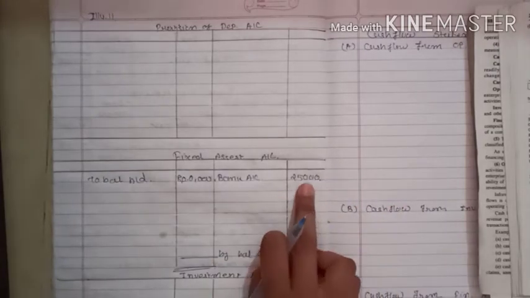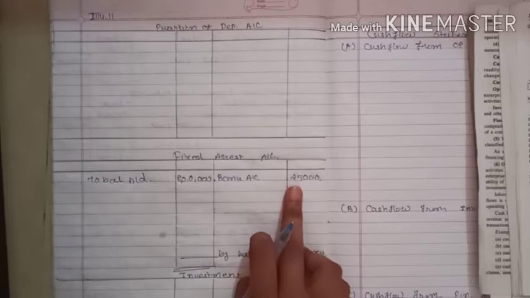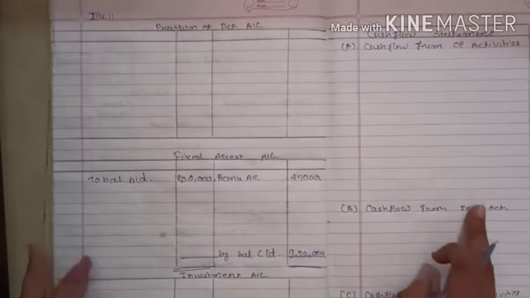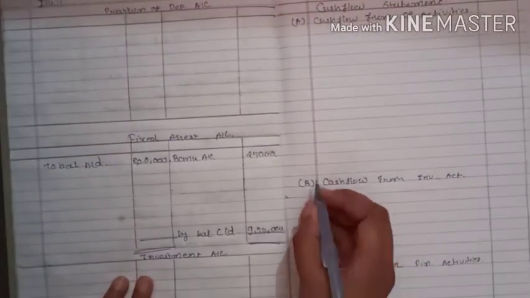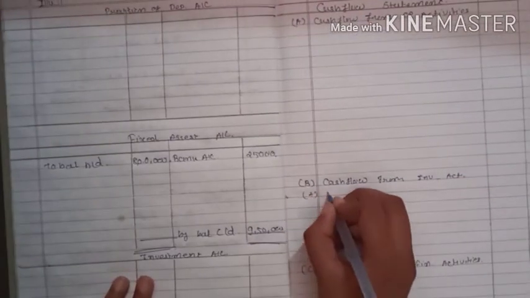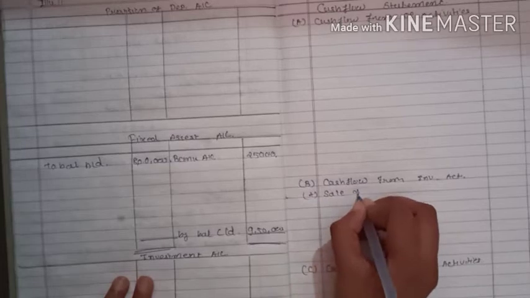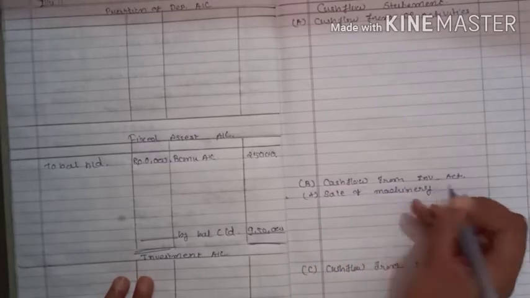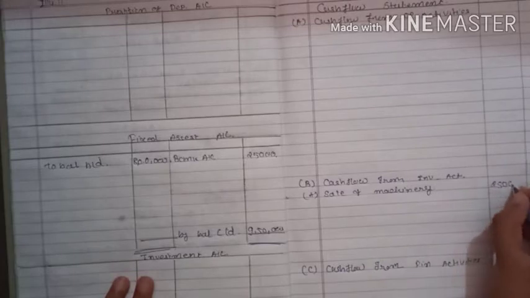That will affect the cash flows. As we are selling the machinery, that will affect the cash from investing activities. So we are adding sale of machinery of rupees 25,000.